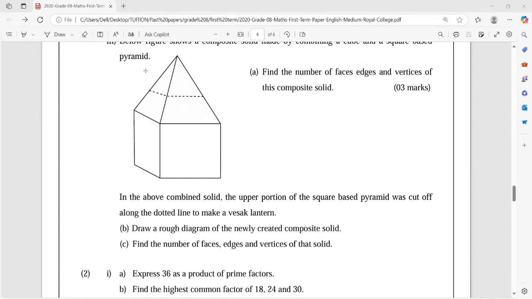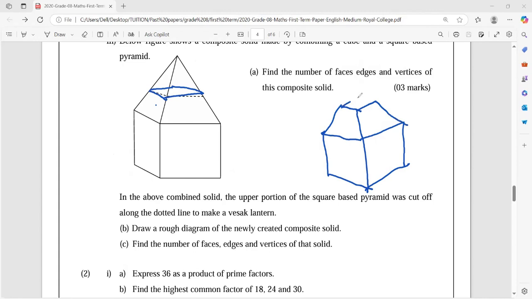It's going to be something like this. So the new figure will look like something like this.